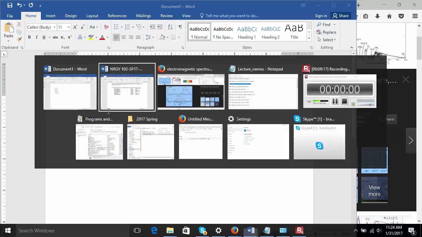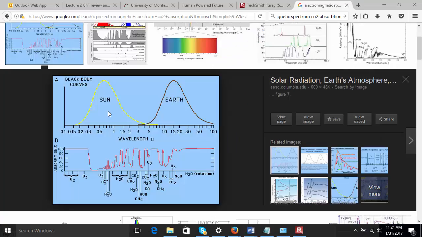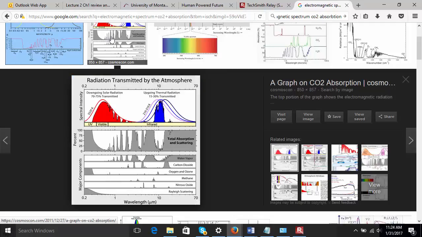So back to this, and some of this very high energy is just going to go right through the Earth, if it's high enough. If you ever listen to AM radio, it will actually bounce off of the ionosphere, so it's sitting out here somewhere. But the point of this Solomon paper, here's another pretty good image just showing the different absorption bands.